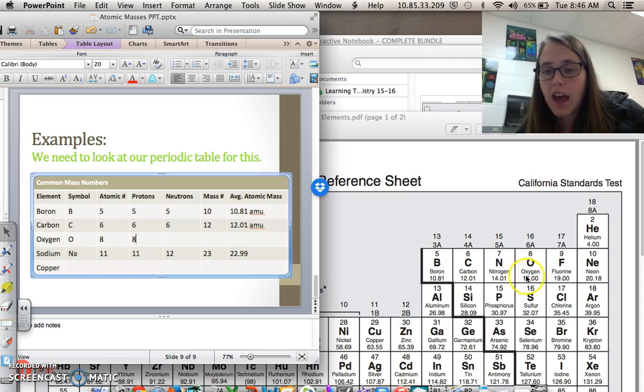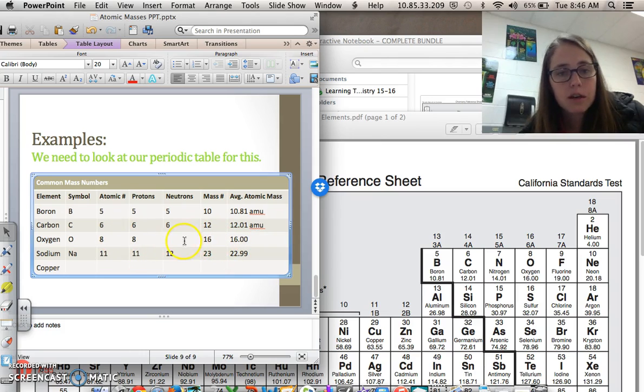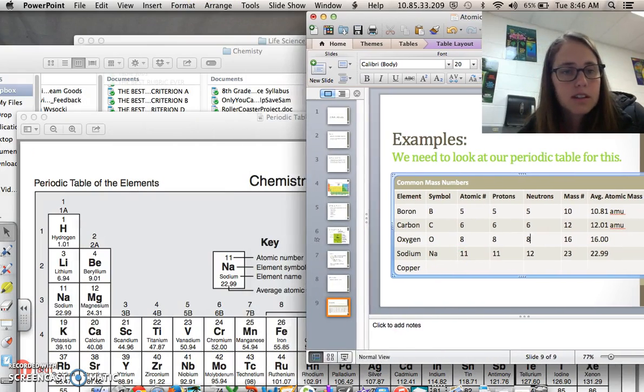Now we're going to look at this decimal down here because that's the average atomic mass, and that is 16.00. And so that means the mass number is 16. And so to find the number of neutrons, we take this and we subtract this. So mass number minus atomic number is going to give us 8 neutrons. So sodium, another example, and I believe this is on the other side here.